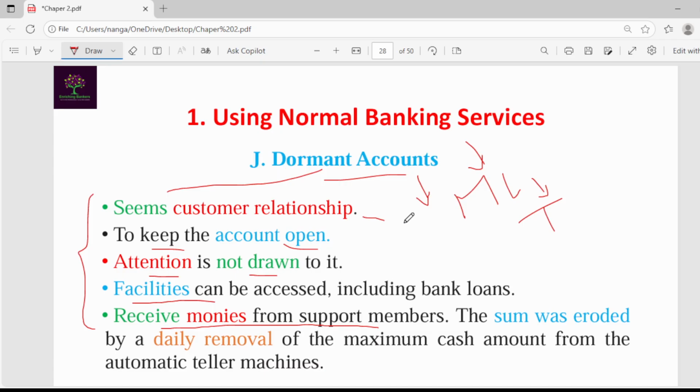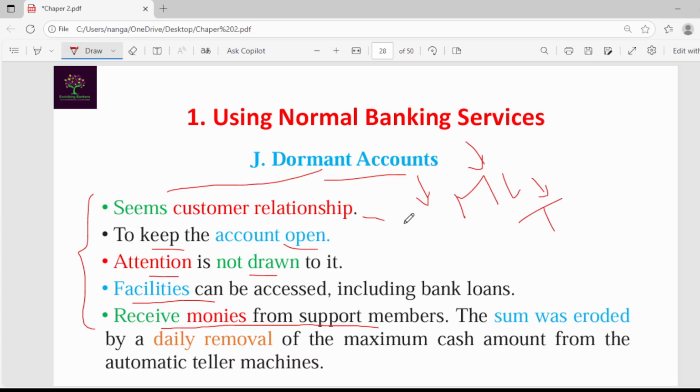Generally what happens, an account is opened in the bank. After that, they do transactions for one or two months. After that, they keep that account open, and no transactions are done in that account.